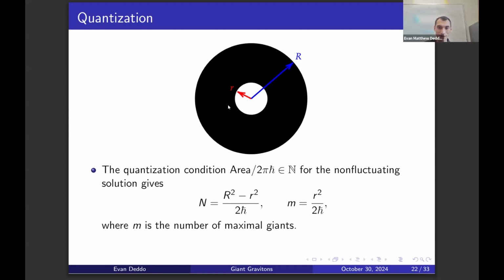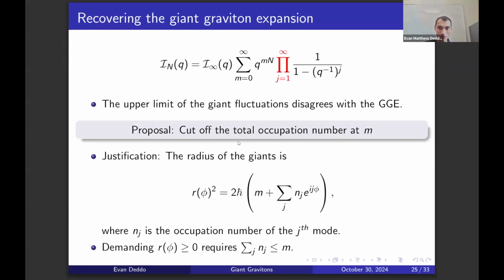But the idea is that since the giant graviton contribution could be, for example, one giant, which would just correspond to one quanta of area, in a certain sense these are more quantum. And we should make sure that the radius of these giants doesn't create something nonsensical.